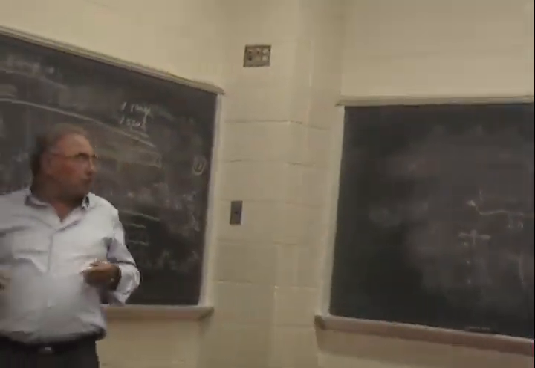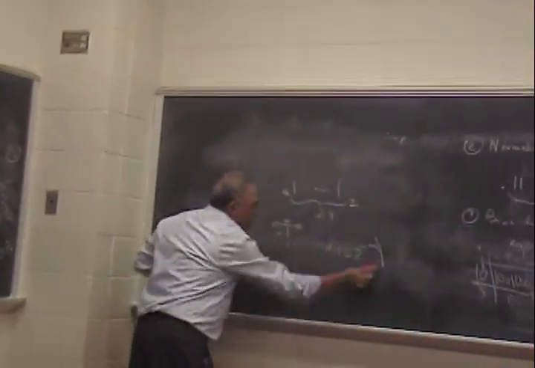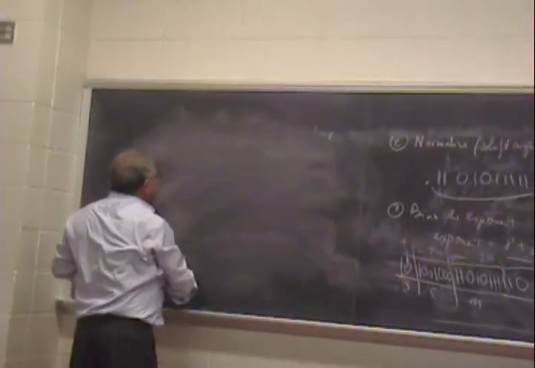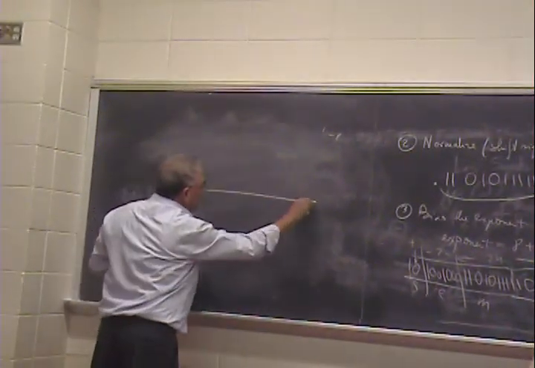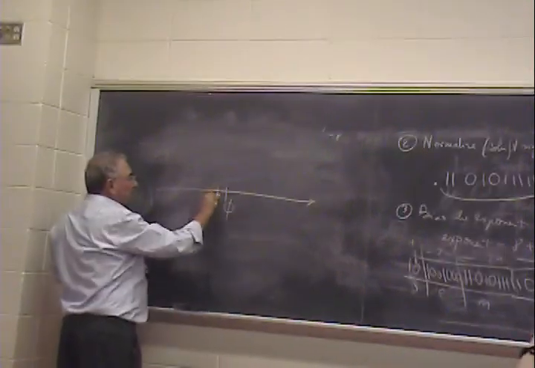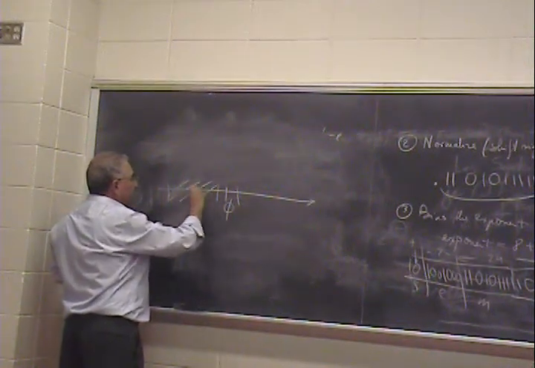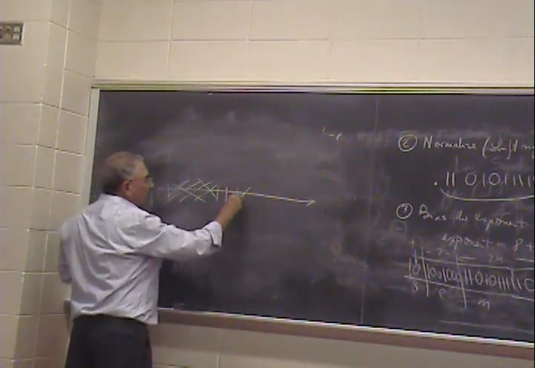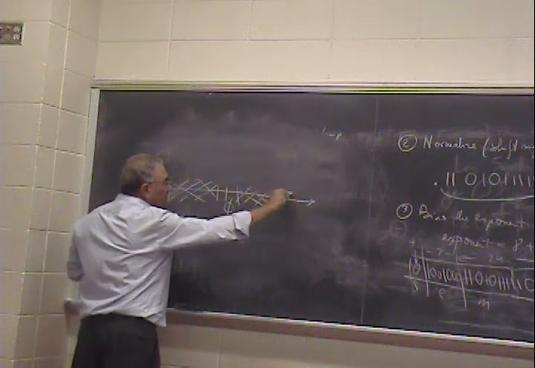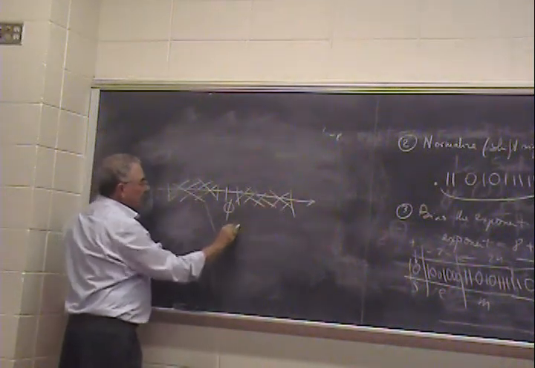Now, if I were to show you how the whole thing looks on the number axis, it looks like that. That's a true zero, and those are the representable numbers. This is the representable range.